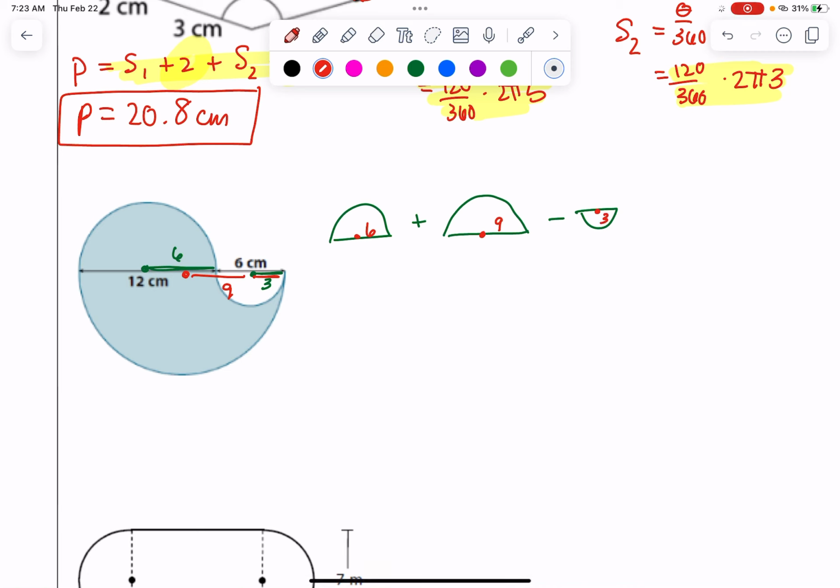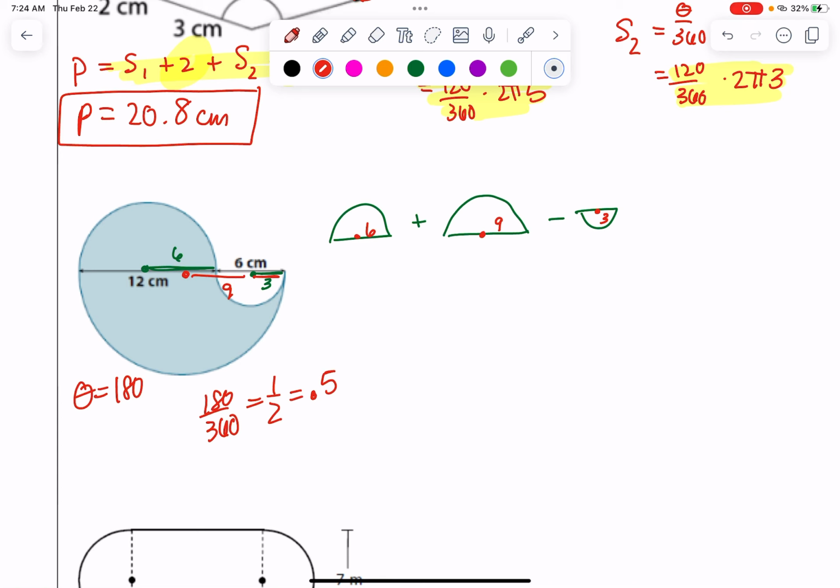Now, to make it easier, they're semicircles. Semicircles are half of a circle. So I know that the thetas are 180. So if I'm doing 180 out of 360, that's actually half. And for the purposes of using a calculator, that's the same thing as 0.5. It just makes it easier when you're entering if you don't have to use the fraction key.